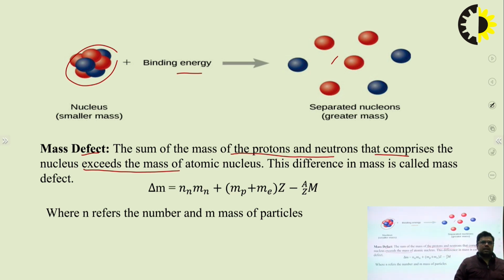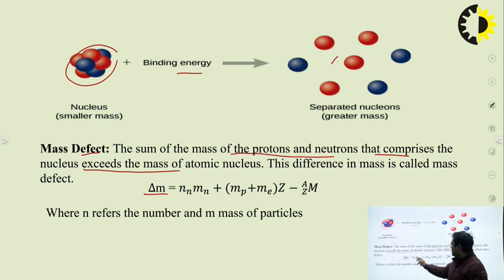This is the difference between the calculated mass and the actual mass of any atom. That difference is called the mass defect, and it is represented as delta m.